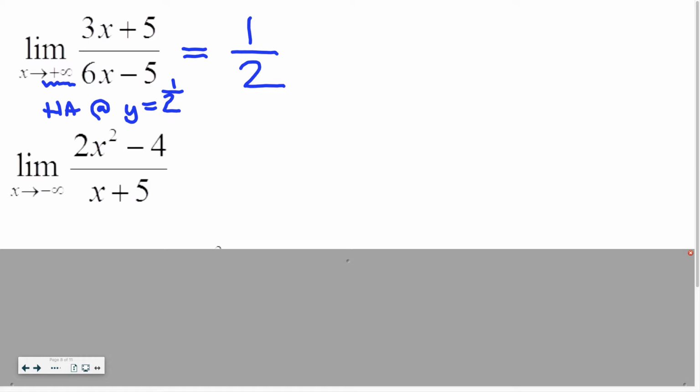So we need to divide by the largest degree of the denominator, x to the first.